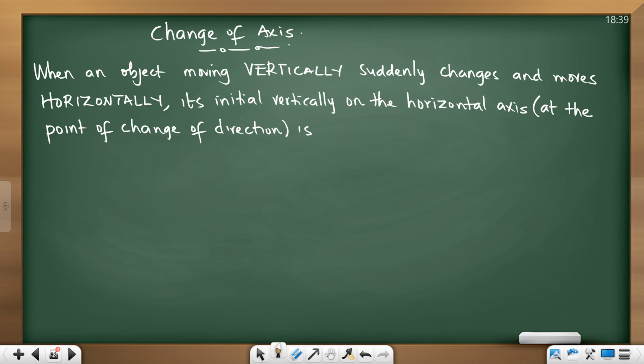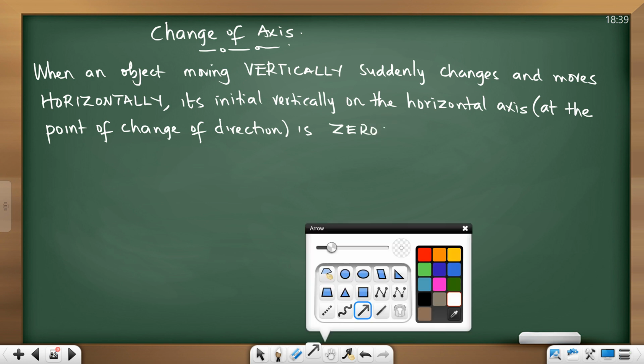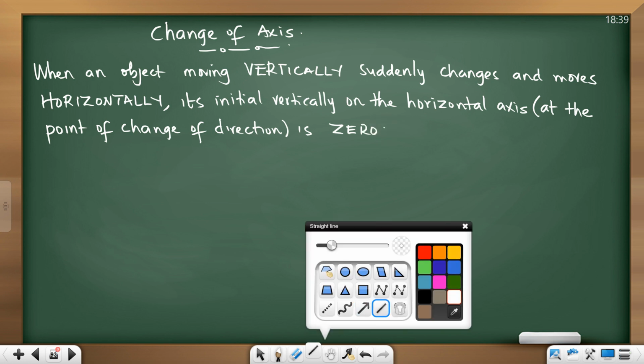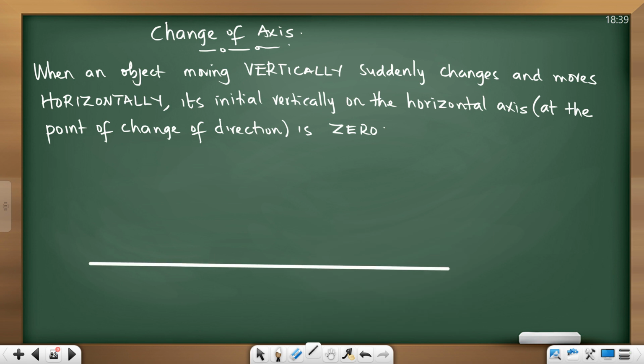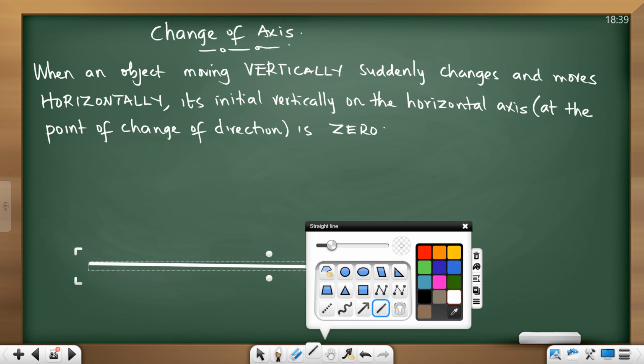Let me write that in capital. 0. It's just a little trick that examiners are going to want to use to throw you off.